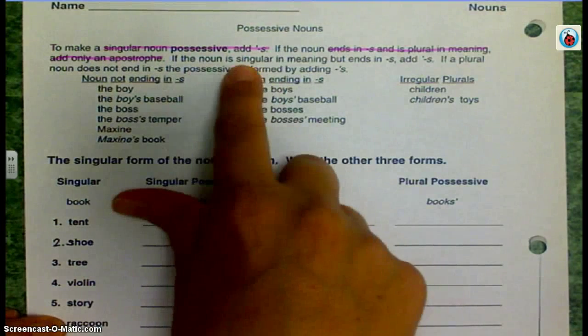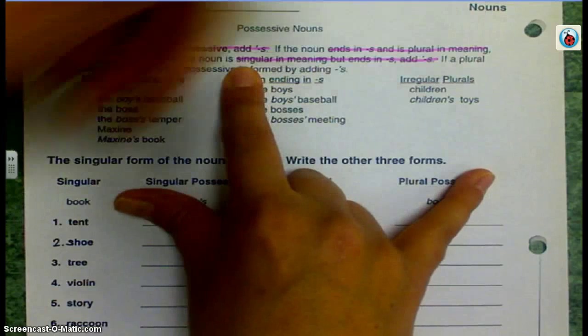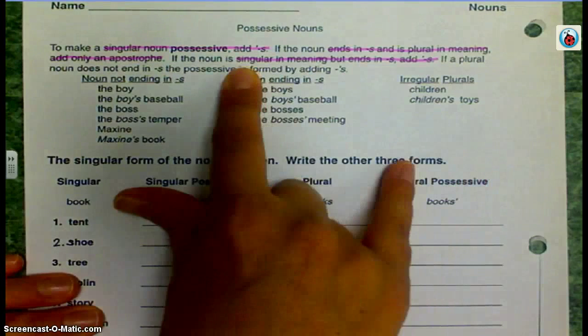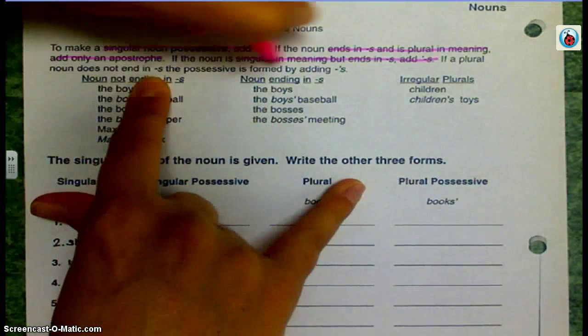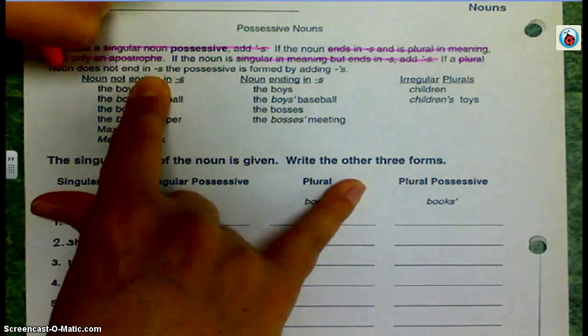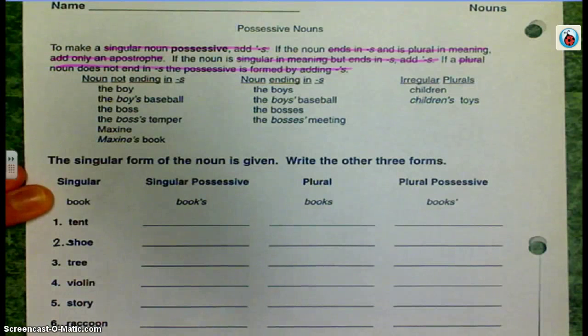If it is singular in meaning but ends in S, then you add an extra apostrophe S. And if a plural noun does not end in S, then you add an apostrophe S. So there are lots of rules there, okay?